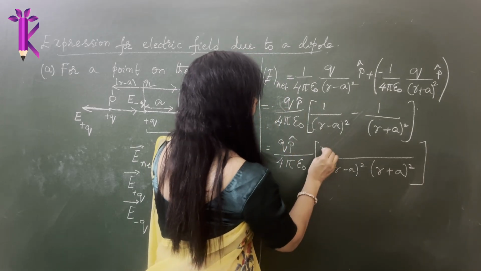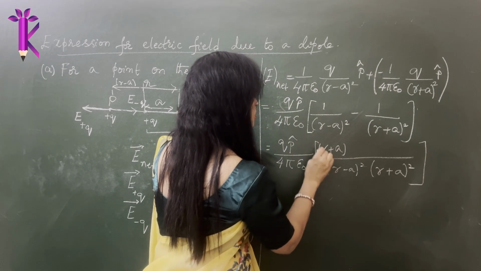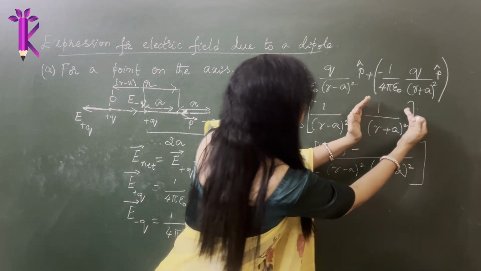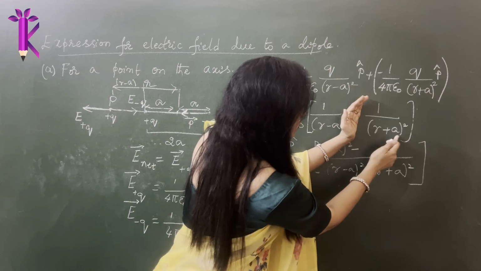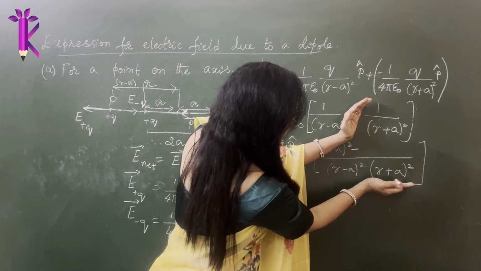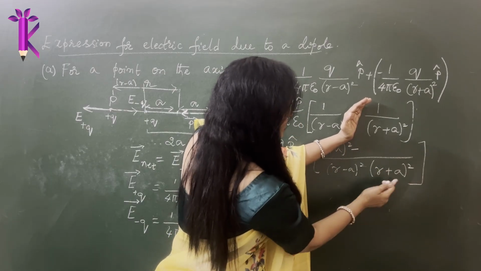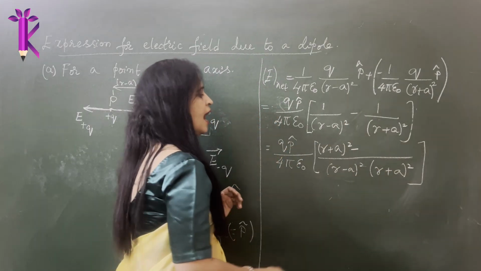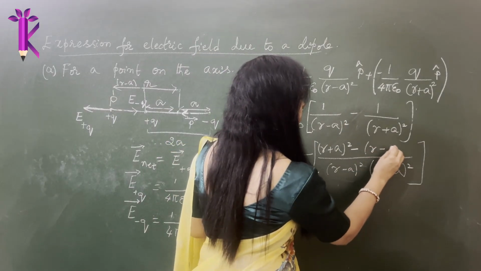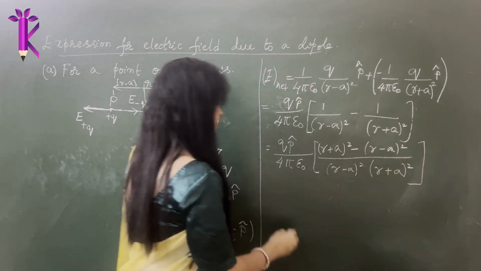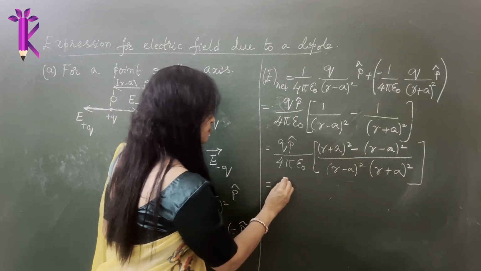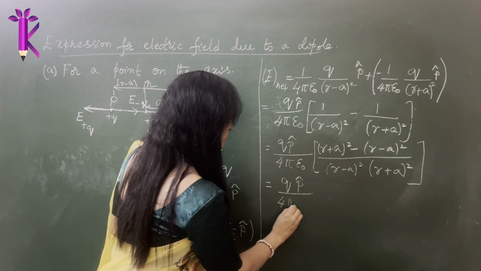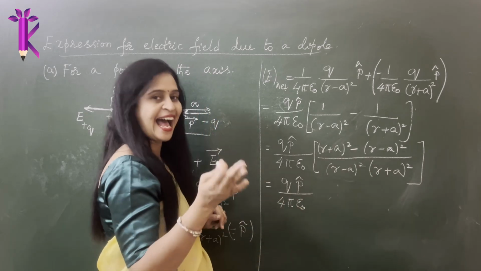What remains is r plus a the whole square minus, now forget about this, just take this quantity 1 by r plus a whole square multiplied by this denominator. So r plus a the whole square gets cancelled. What remains is r minus a the whole square. The next is simple simplification. Before you simplify, there is one more hint I want to give you, and then I'll take a pause and we will do the reveal as usual.